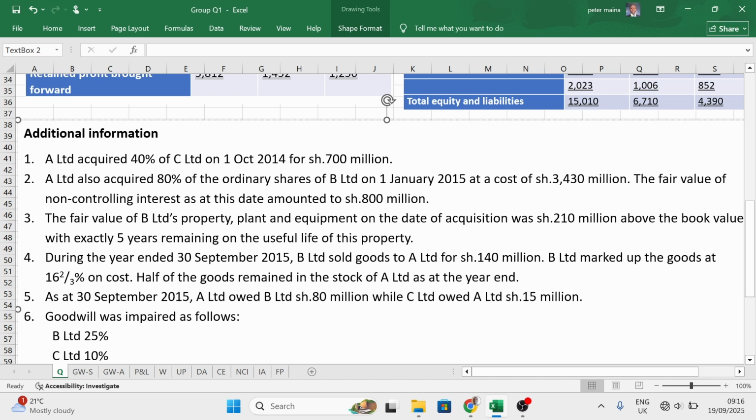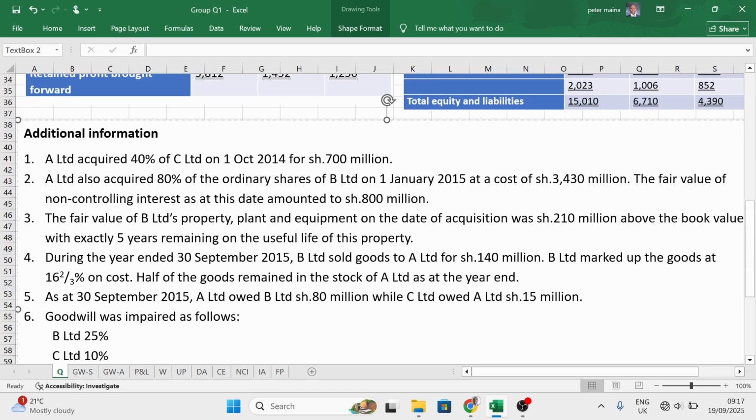Then the second point says A Limited also acquired 80% of the ordinary shares of B Limited on 1st January 2015 at a cost of 30 million. The fair value of non-controlling interest as at this date amounted to 800 million.